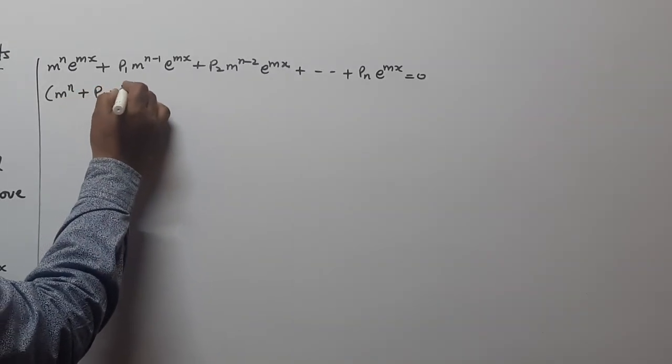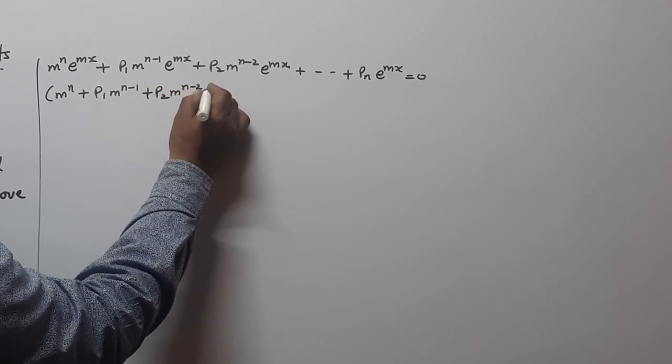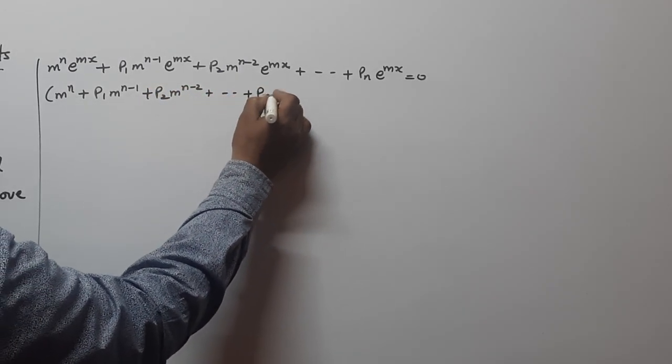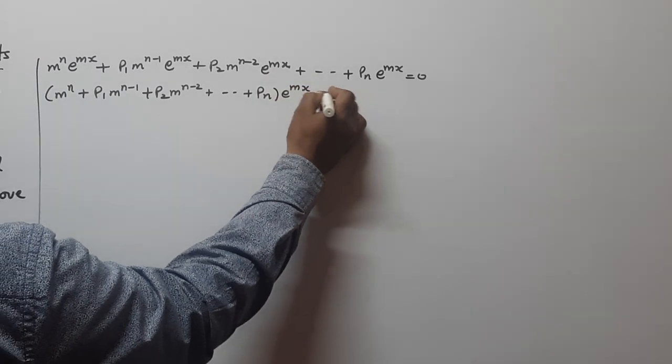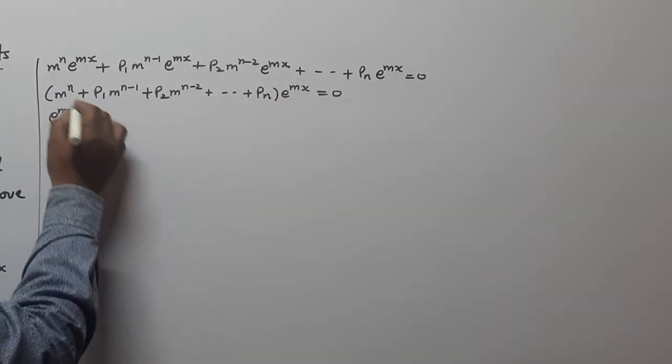Now we take common e to the power mx. So we get here, m to the power n plus p1 m to the power n minus 1 plus p2 m to the power n minus 2 plus and so on pn, times e to the power mx. You can see e to the power mx can never be 0.